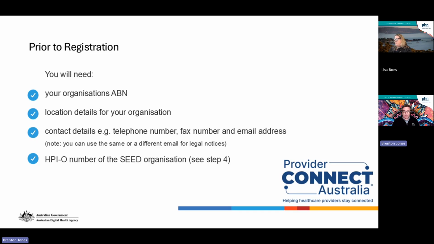Now you can use the same or different email for legal notices, and you'll see where that comes up in the form submission. And the HPIO number of the seed organisation.